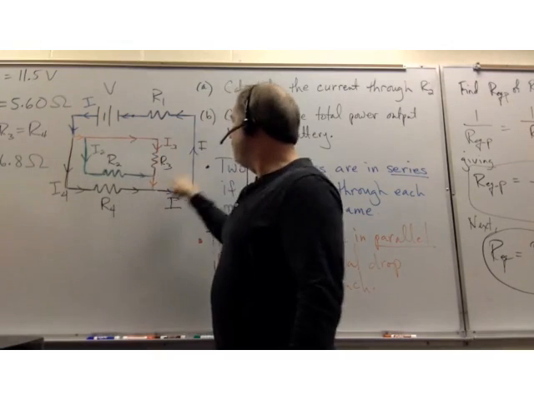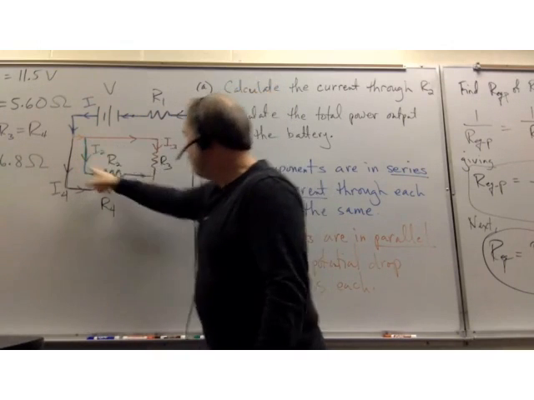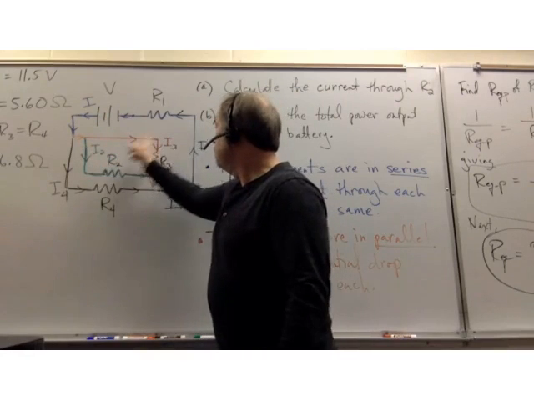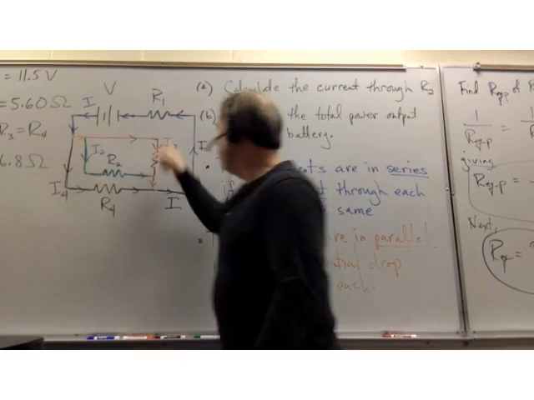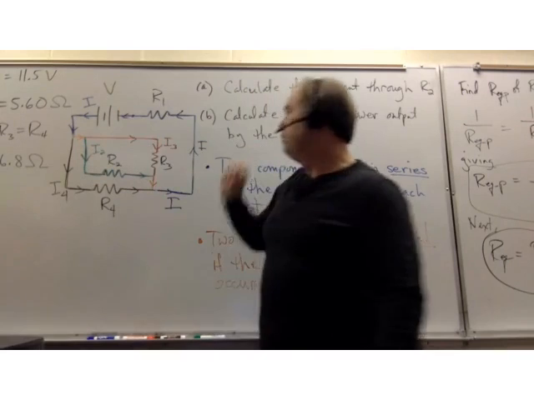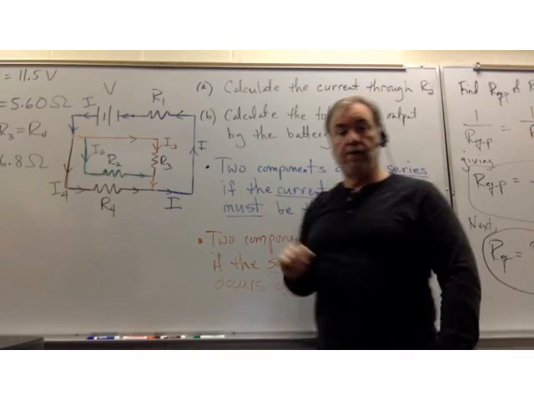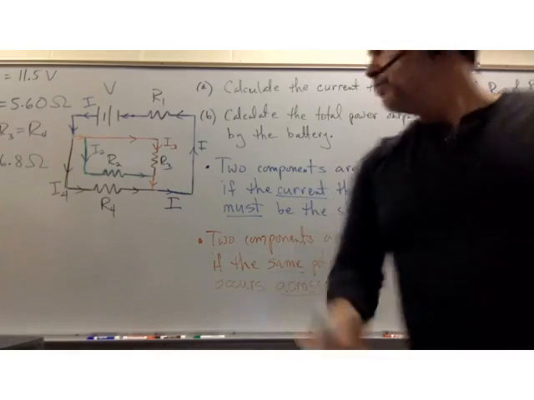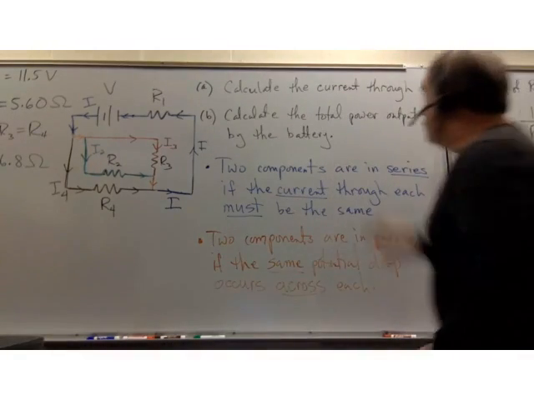the inner loop through R3, and then this other inner loop through R2. So in other words, I'm going to go through R4, through R3, through R2. I'm going to write down Kirchhoff's first loop rule for that. That will give me the 3 equations I need. I think I'll start here.